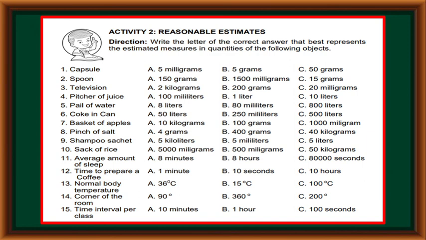Capsule. What is your estimated measure of capsule? A, 5 milligrams. B, 5 grams. C, 50 grams. So this is now an evaluation regarding on what I have presented a while ago. So that is 1 to 15.